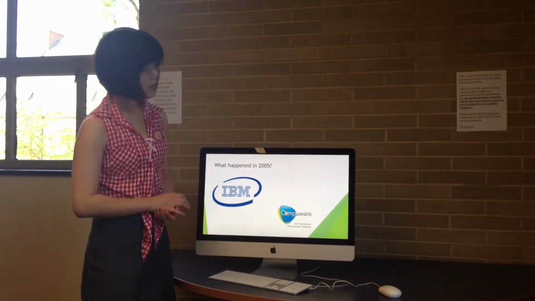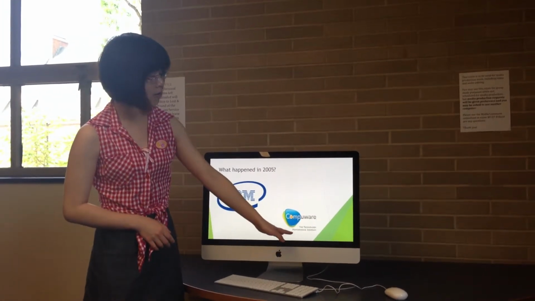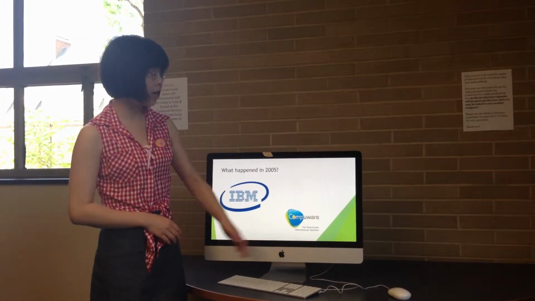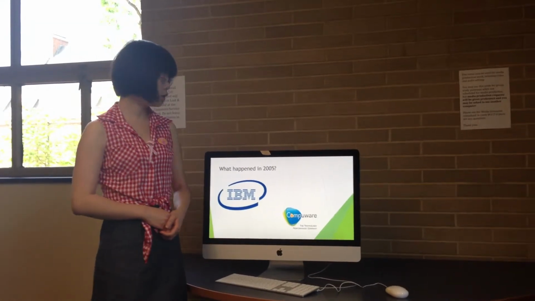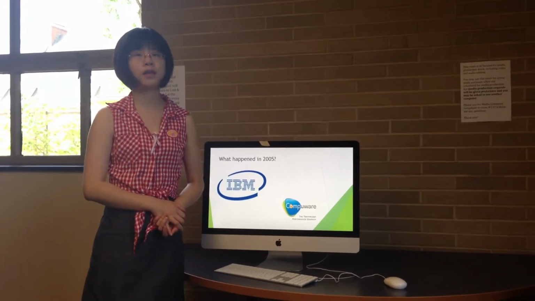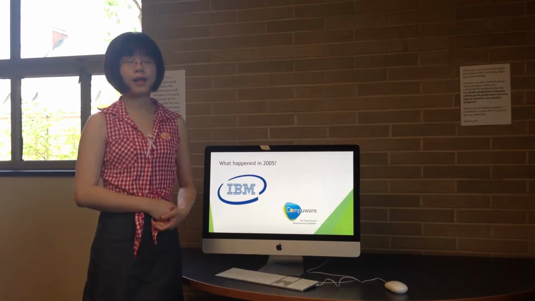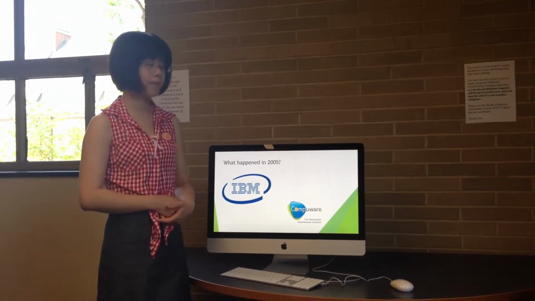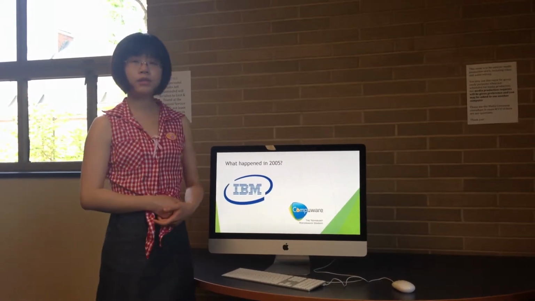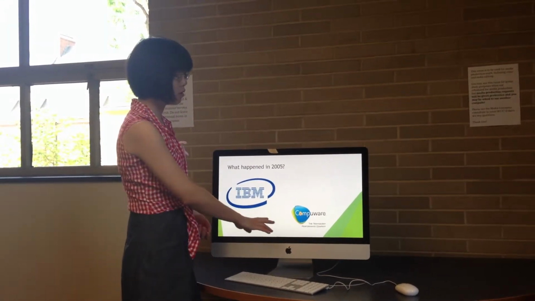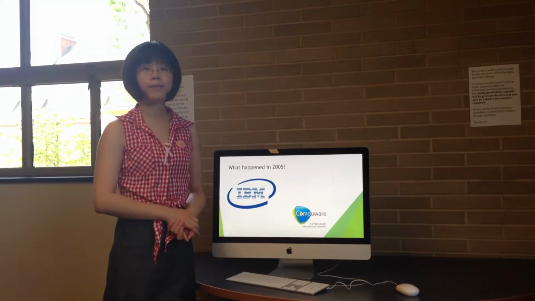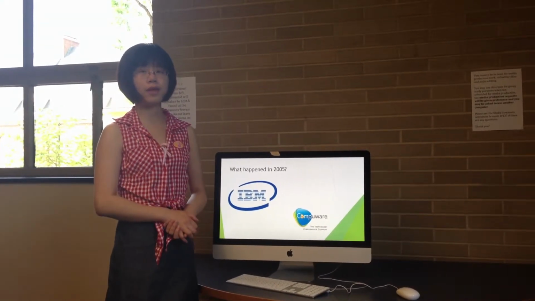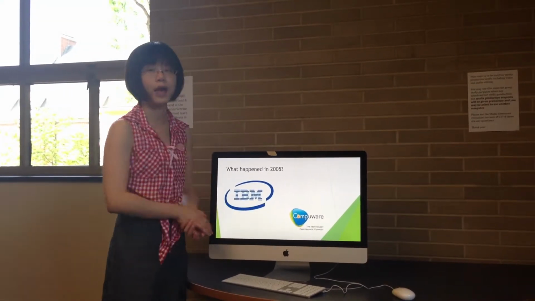And this is another logo for a company. This company is Compuware. Compared to IBM, Compuware is a very small company, and the products Compuware produces are also very small. So when we first hear these two companies, it's impossible for us to think of any relationship between them.